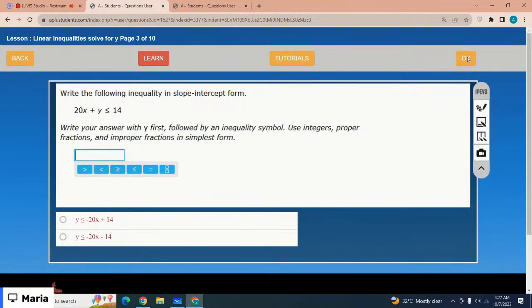The correct option is option number 1. y is less than or equal to negative 20x plus 14. Option number 1 is the correct option.